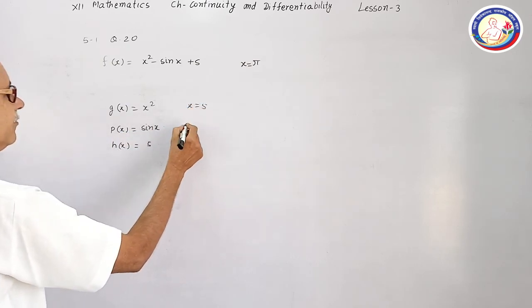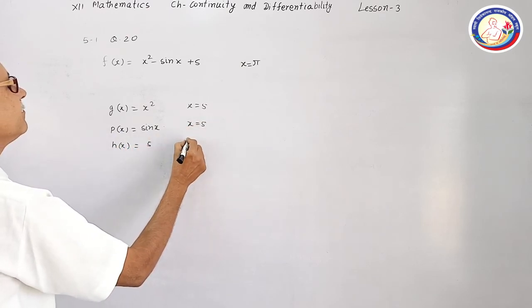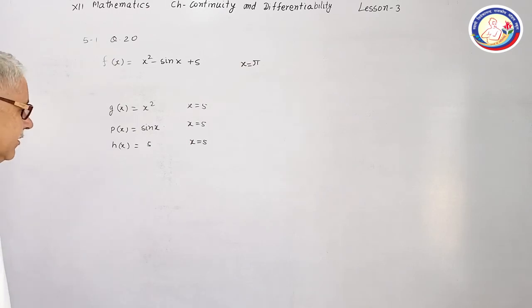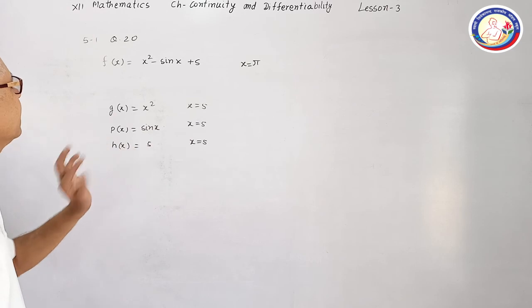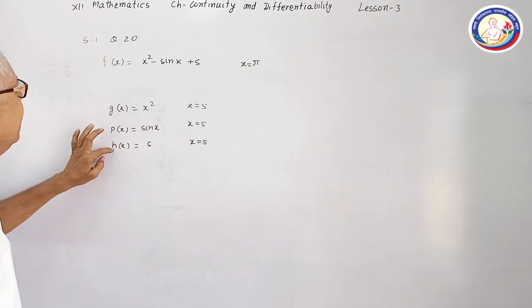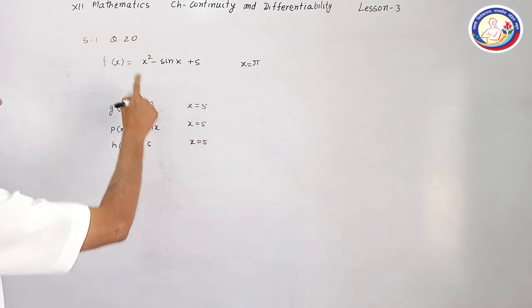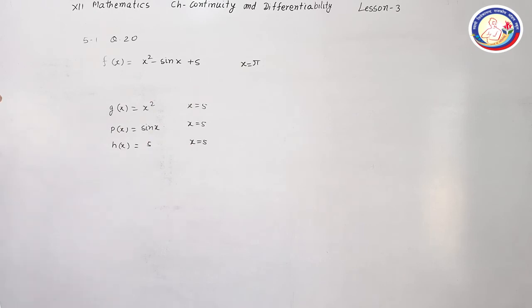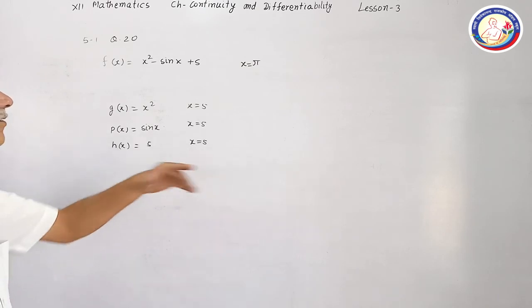Again we will test the continuity of sin x at x equal to pi, and for h(x) again we will test the continuity. So g, p and h are three functions, and if these three are continuous at x equal to pi, the outcome will be that the function f(x) is continuous. In this way we can solve the problem.